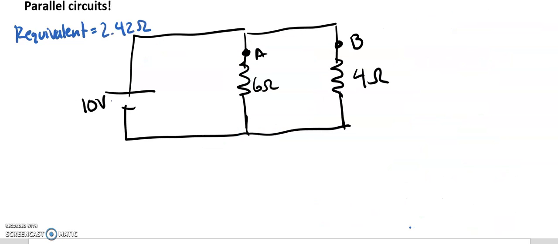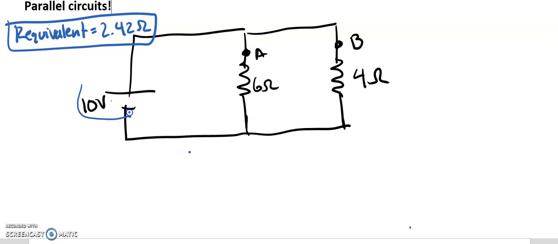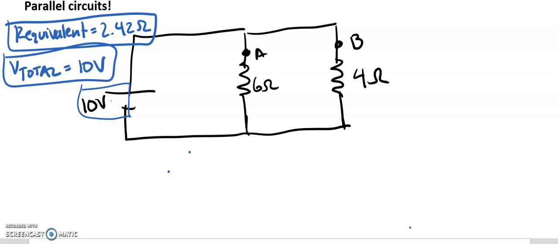Okay, so we just found out how to find R equivalent, which is 2.42 ohms. And again, for any type of circuit, series or parallel, I always look at the totals first. So equivalent resistance was 2.42. Total voltage we know is just the battery, so I'm going to say V total is going to be 10 volts. Now let's go ahead and find the current total.